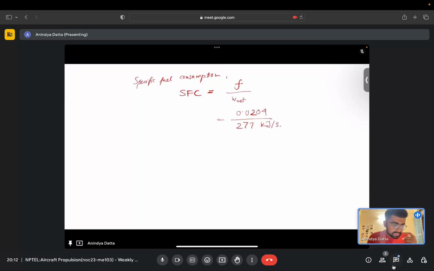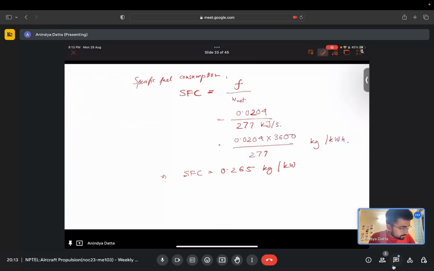We generally express specific fuel consumption in kg per kilowatt hour. So if we multiply this with 3600, we'll get this in kg per kilowatt hour. So SFC will come out as 0.265 kg per kilowatt hour.